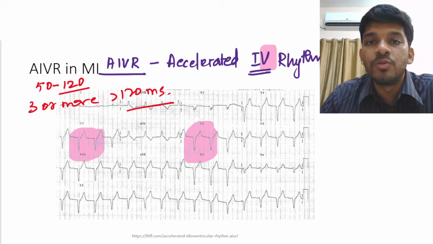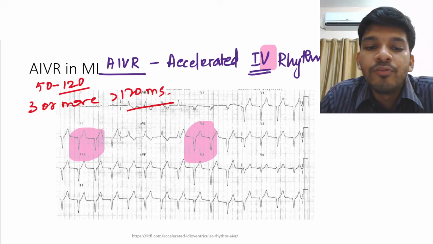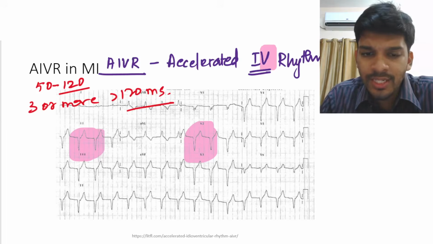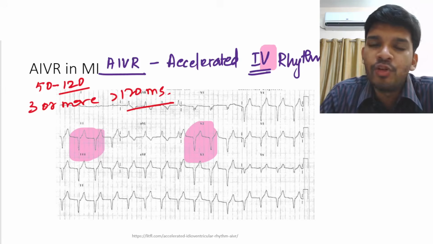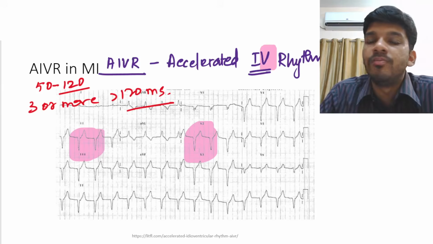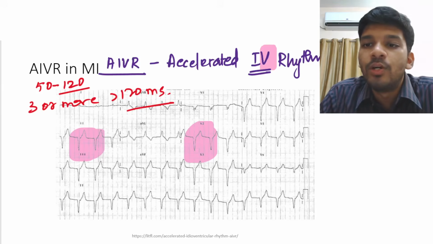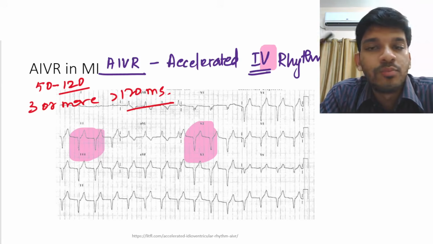The ventricular pacemaker becomes more active, the ventricles discharge at a faster rate due to the reperfusion that they are getting. So it is due to the ectopic ventricular pacemaker, which has a rate faster than the SA node. So for some time during that reperfusion, it takes over the SA node, and the rhythm that you get is a ventricular rhythm. Why this happens is something we don't know. That's why it's called an accelerated idioventricular rhythm. So it is idiopathic.